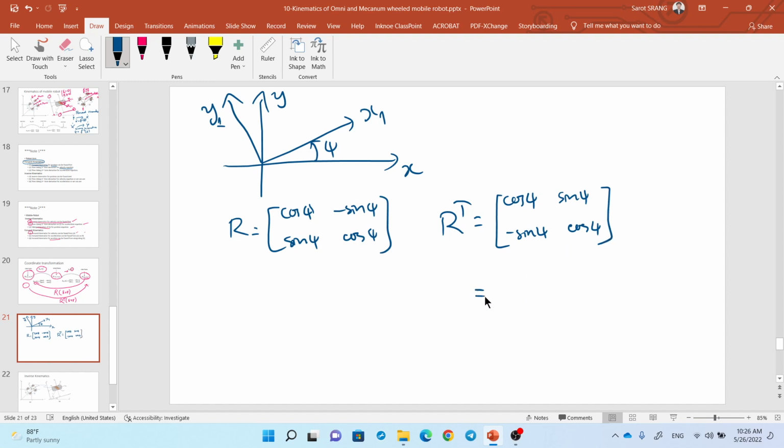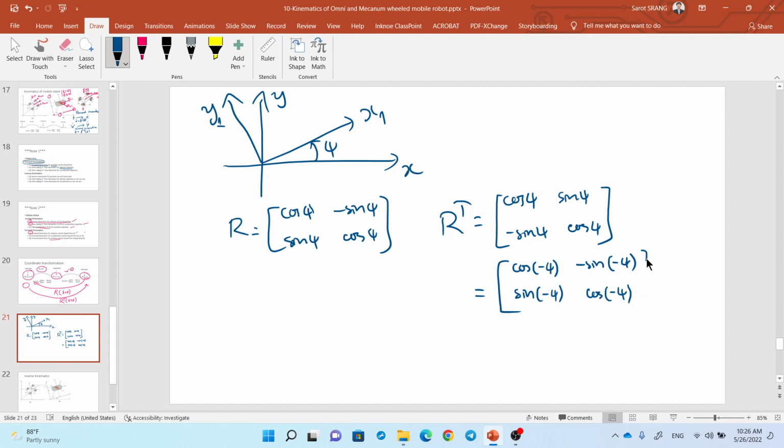And can I say this one is actually cosine of minus psi? This one is minus sine of minus psi, this one is sine of minus psi, and this one is cosine of minus psi. Can I say like this?